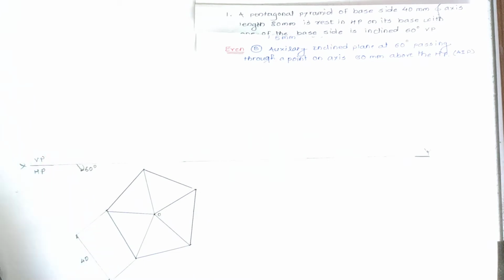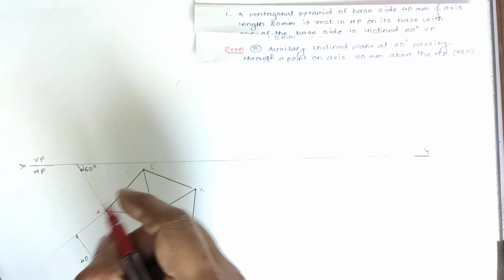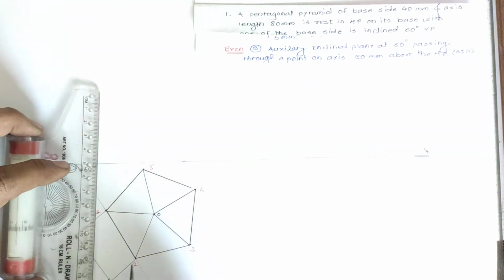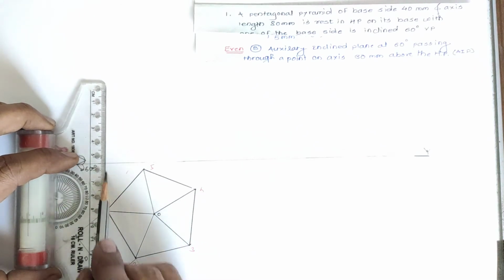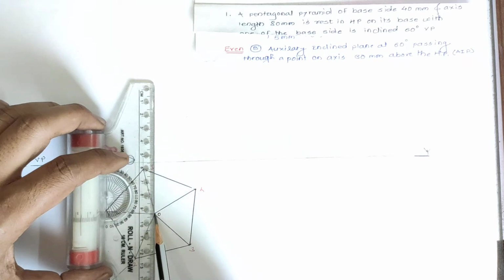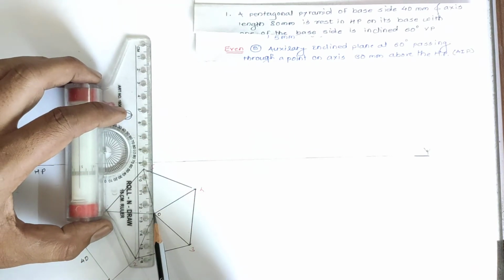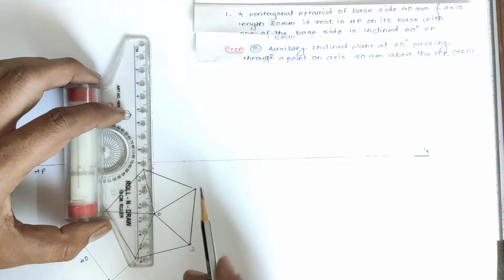Give the nomenclature 1, 2, 3, 4 and 5. Take vertical projection lines and draw the center line.